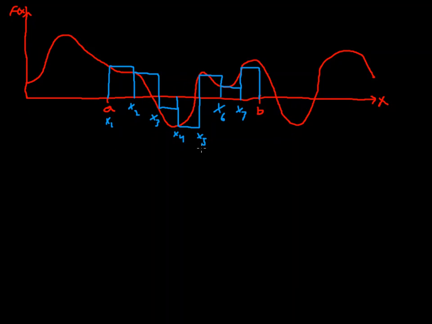The rectangles are evenly spaced, so the width of each rectangle is going to be b minus a, that's this length here, divided by big N, the number of subdivisions we have.